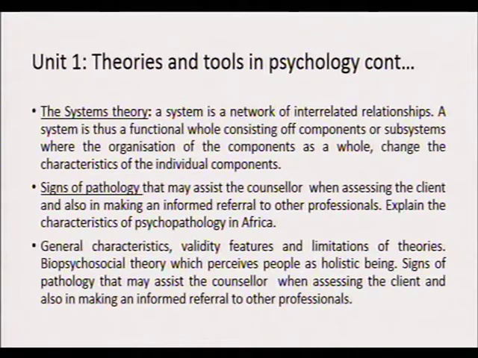We are looking at interrelated relations. So this is a network where each part in the system needs each other. You cannot operate on your own. You can operate because you need another person, as well as another person is also in need of you.